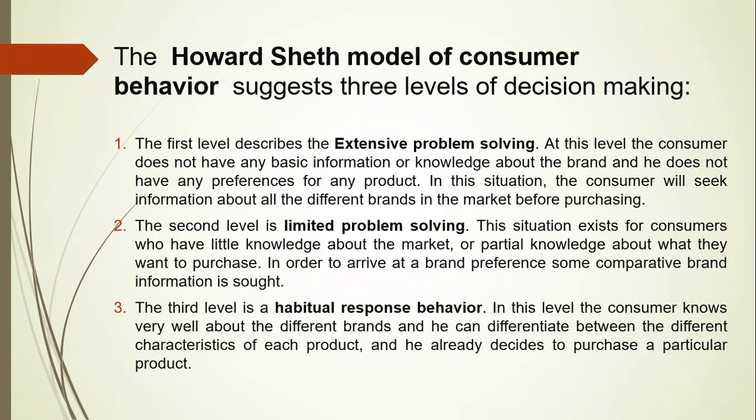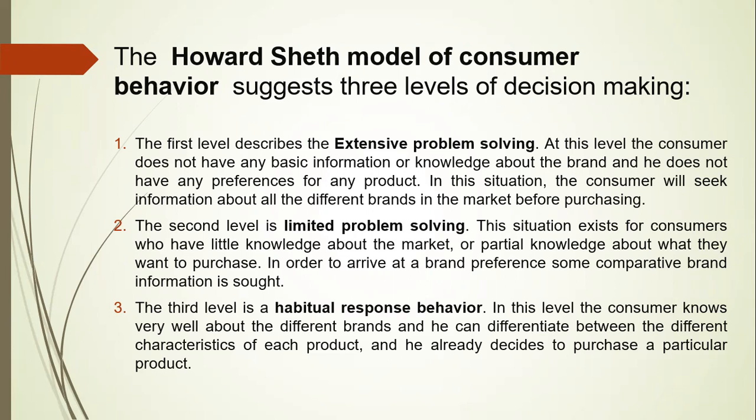And the Howard-Sheth model suggests three levels of decision making. The first one is extensive problem solving. Extensive problem solving is where the consumer does not have any basic information or any knowledge about the product or a brand or what services to purchase, and does not have any preferences toward any product.